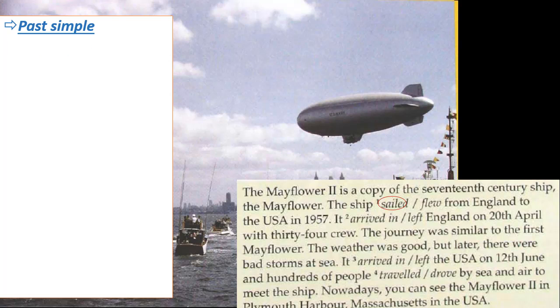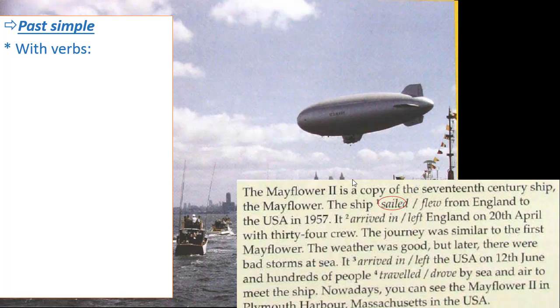Now I would like you to look at the answers here as your example and write down the formula for past simple with verbs. You should spend about 2 minutes to do this one. Alright, so 2 minutes is over.